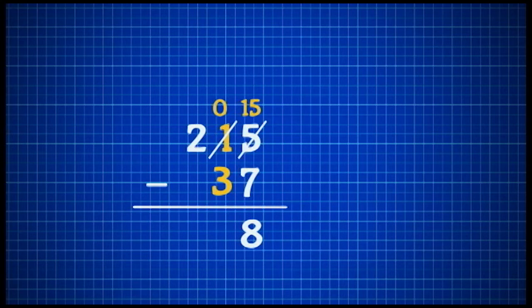Now 0 cannot be minus by 3, so we have to borrow again from the hundreds place, 1 10. So 10 minus 3 is equal to 7. We move on to the hundreds place, which left with 1. Combine it together, we get 178.